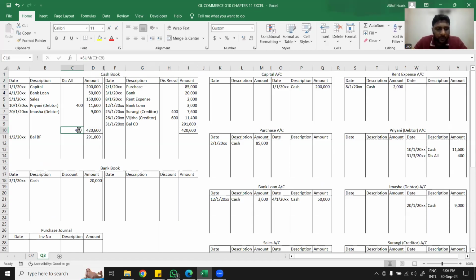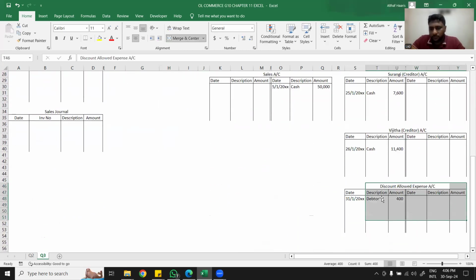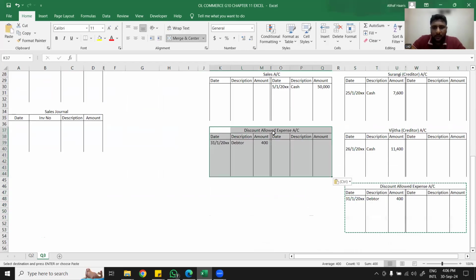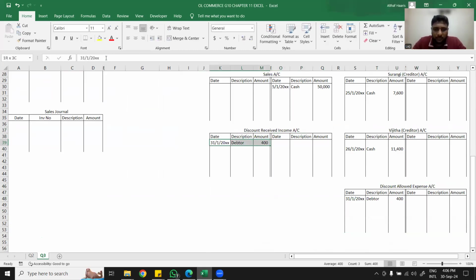So we'll do the same for discount received also. Discount allowed and discount received are just temporary columns, memorandum columns. Discount received is an income. Credit side, here you have to write the total.